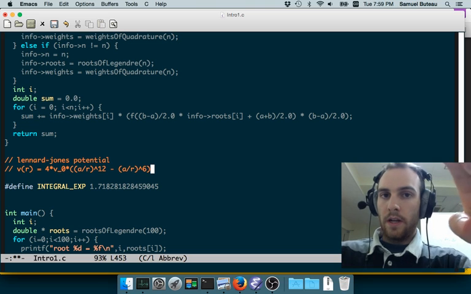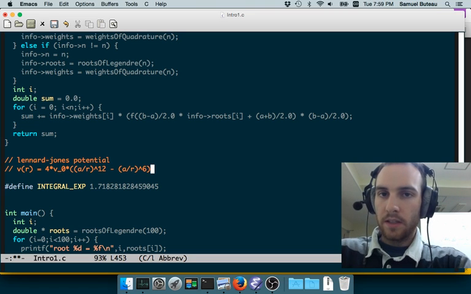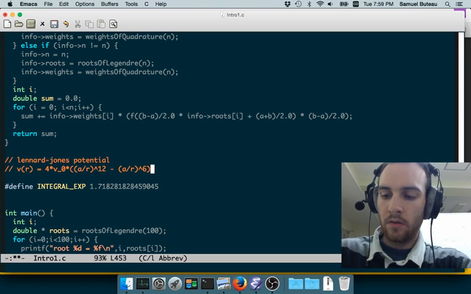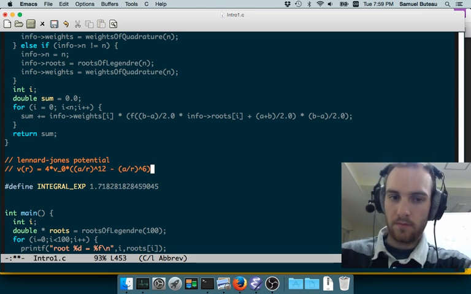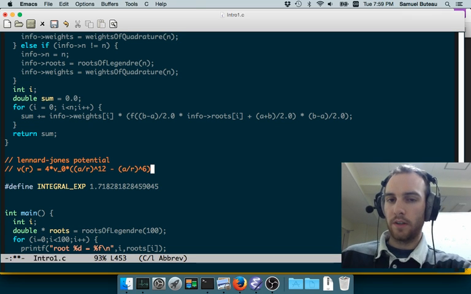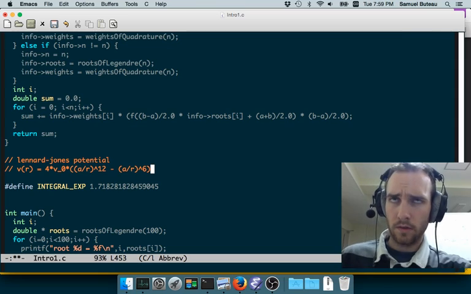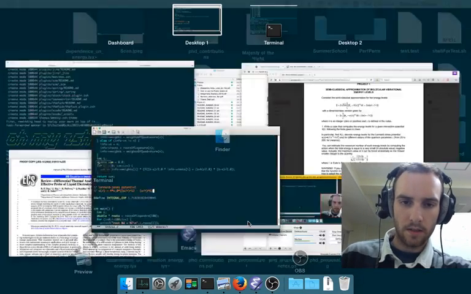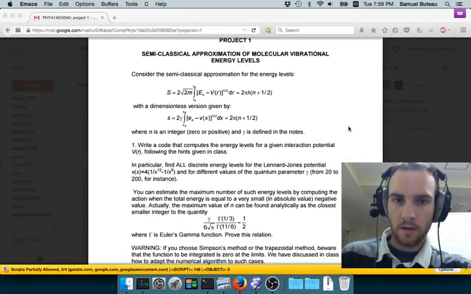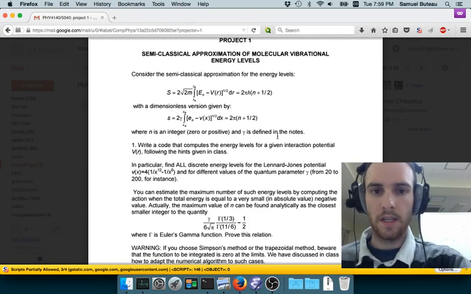So just to be clear, for this semi-classical approximation we're going to use, you're not expected to get why we have the formulas that we have. It's pretty difficult. It's not even an introductory course in quantum mechanics. It's a more advanced undergraduate course in quantum mechanics.